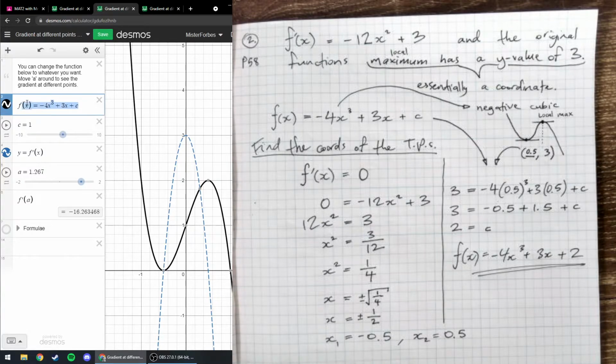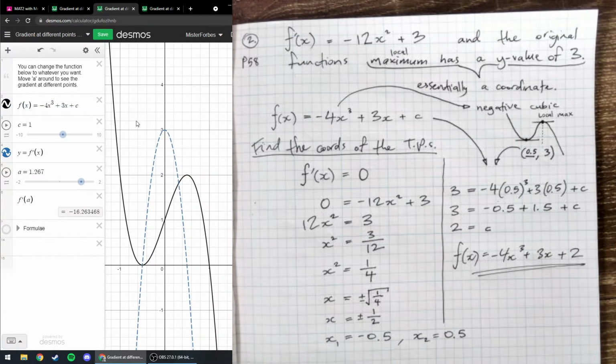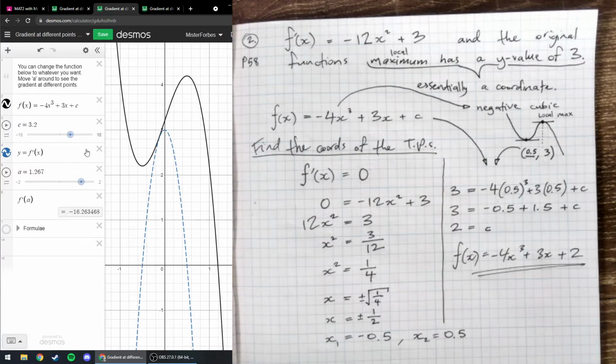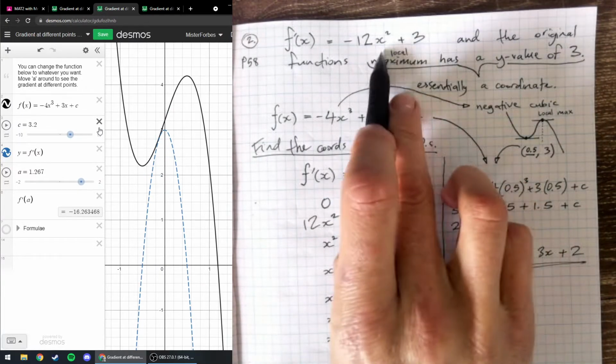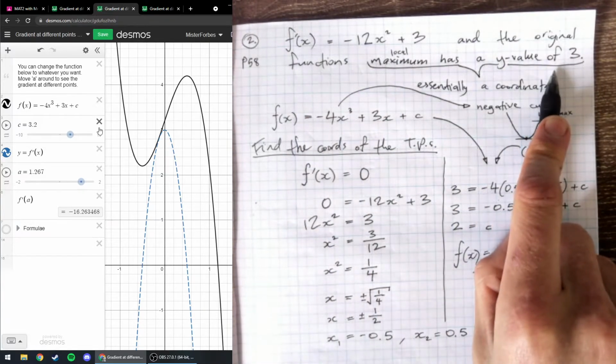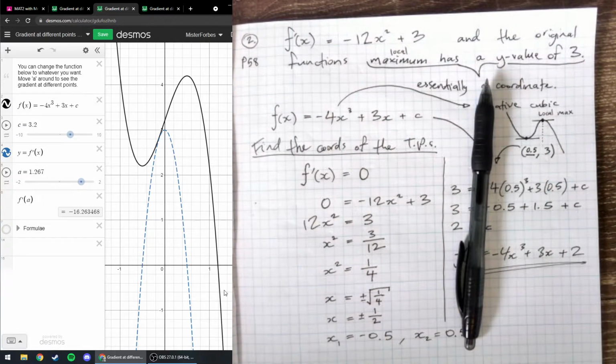Okay, so pretty much what we got again was we found our original function by anti-differentiating. We then had this floating c, and what we found out was that it was where the local maximum was. So the local maximum had a y value of 3, and we found out using our derivative that the local maximum is going to occur here.